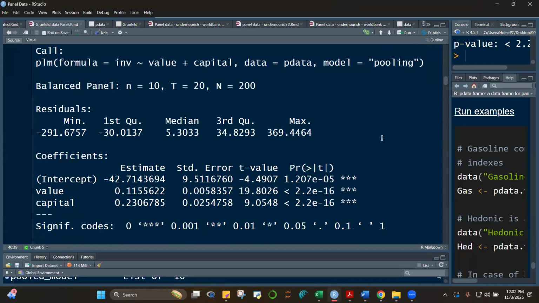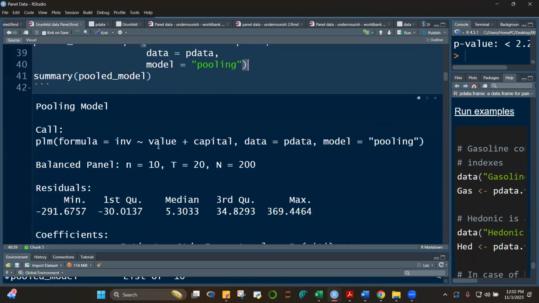Okay, so what do we see here, class? Same thing, class, pooling. So this is the formula that we used. Panel linear model, investment associated with value plus capital, data is equal to P data, model is equal to pooling. And you can see here, balanced, n is equal to 10. So R was able to determine if this is a balanced panel data by virtue of the index, class, and the time.